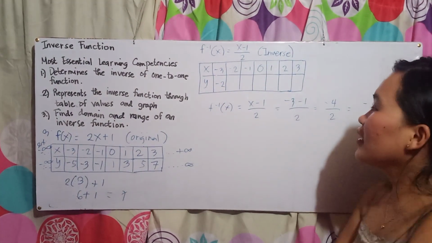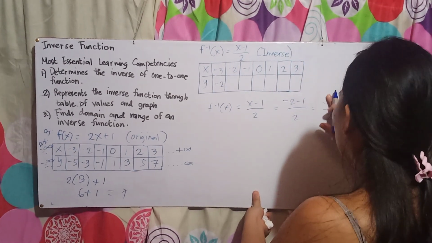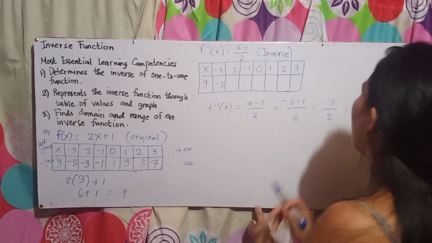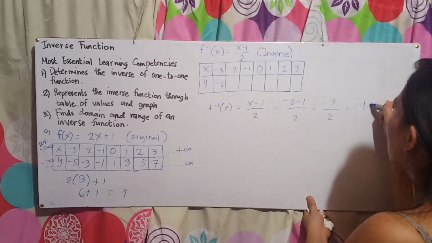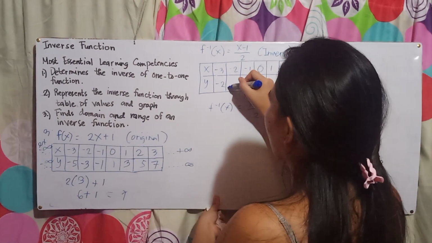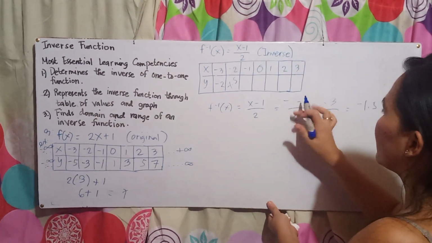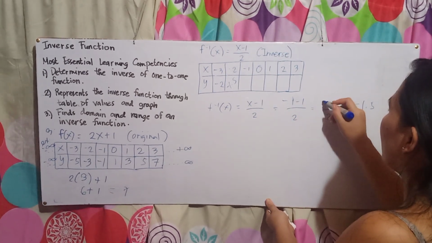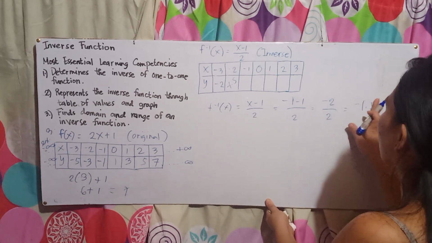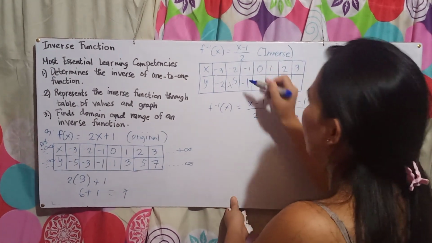If the value is negative 2, we change it into negative 2. So, negative 3 halves, or negative 1.5. If negative 1, negative 2 over 2, so the answer is negative 1.